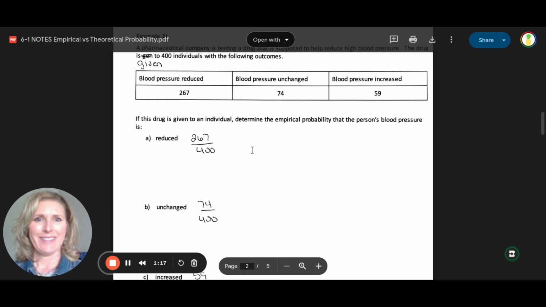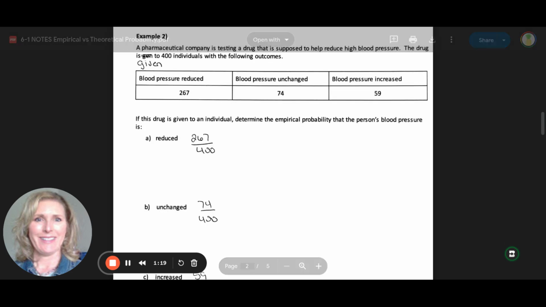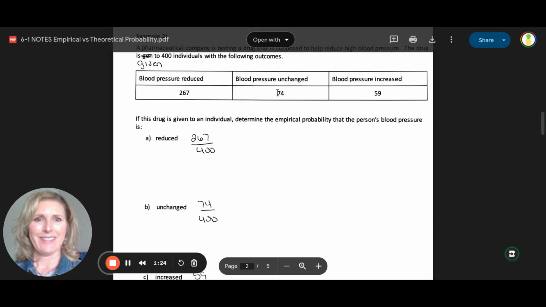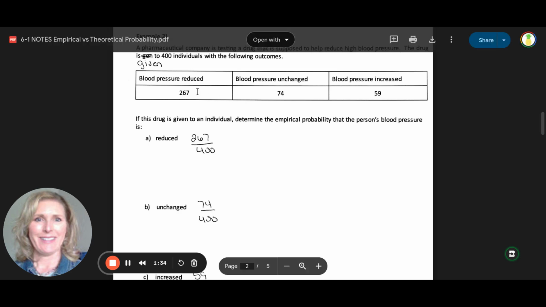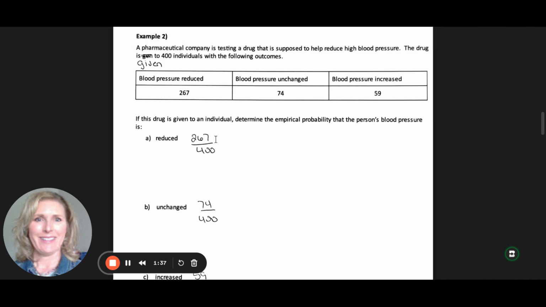Another example of empirical probability is a drug test. And so we had 400 individuals that we tested. And if we wanted to determine the probability that a person's blood pressure was reduced by this, then we would write that as 267 out of 400.